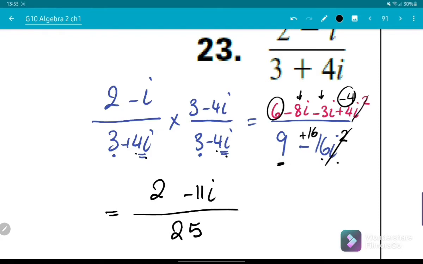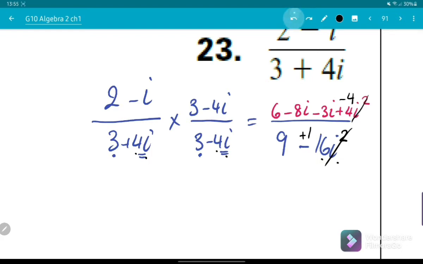So you simplify the numerator again. I squared will change this to be negative 4. 6 minus 4 is 2. Then take the imaginary together. Negative 8, negative 3 to be negative 11i.